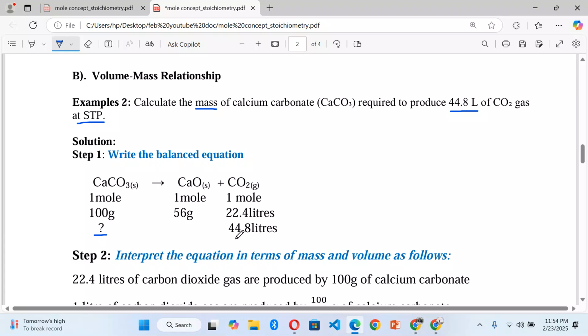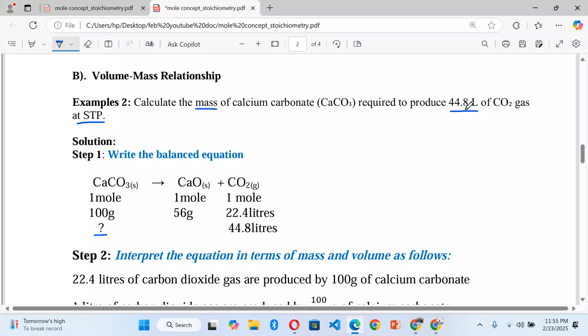So after having this, we can just interpret this equation as follows, and we say 22.4. Why are we starting with these liters? Because it is what we are given already. We are given what has been produced as 44.8 liters of carbon dioxide.